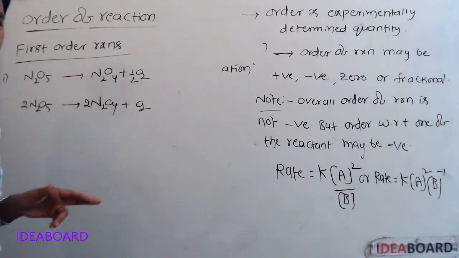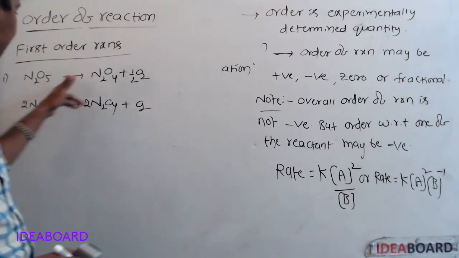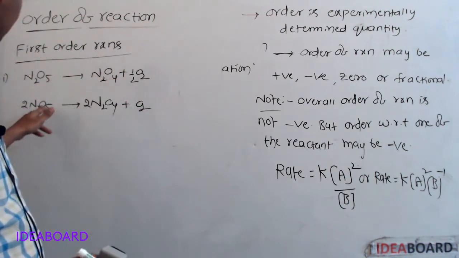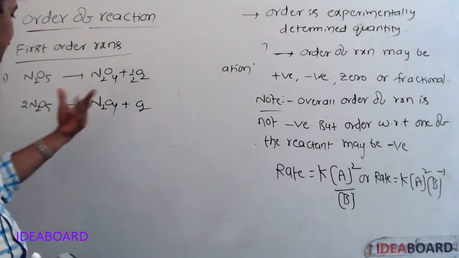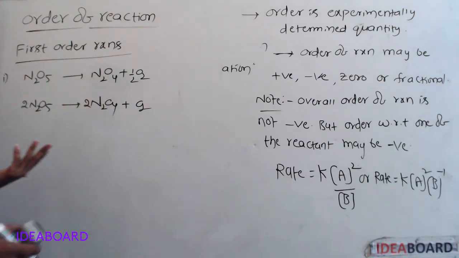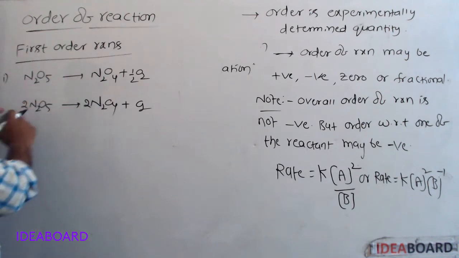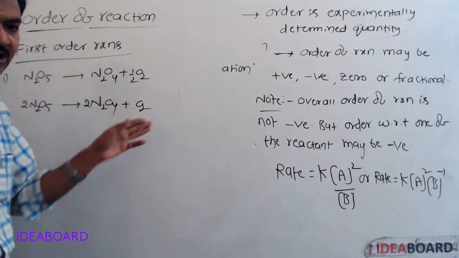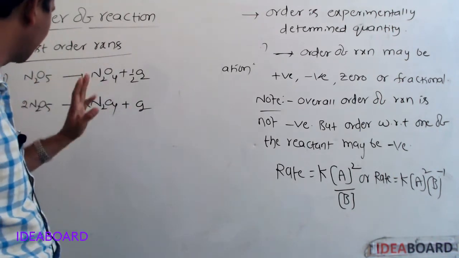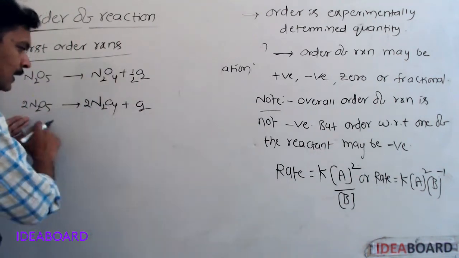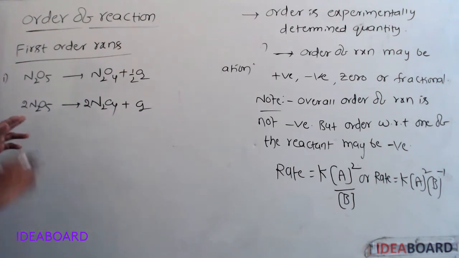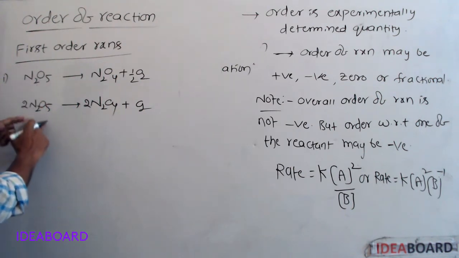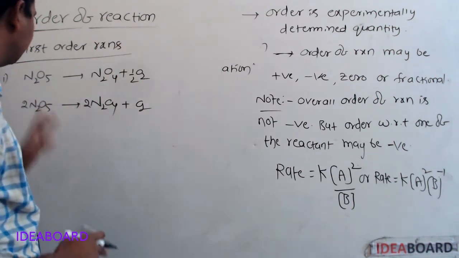We should not write rate equals K into [N2O5] squared, because the rate equation is an experimentally determined equation. Directly by seeing the equation, we cannot write it. So even if you write it like this, it is a first order reaction only. We should not think that since 2 moles of N2O5 are there, the order of reaction is 2. Not like that.